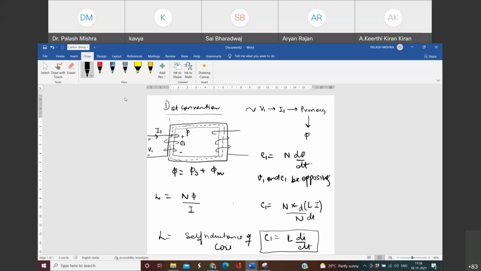One component is the flux which only covers the first coil, and the second component is the common flux, which goes around the core and links with the secondary coil also.